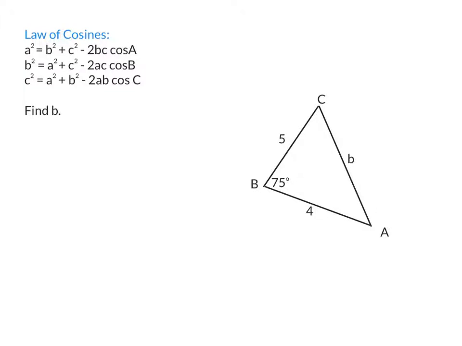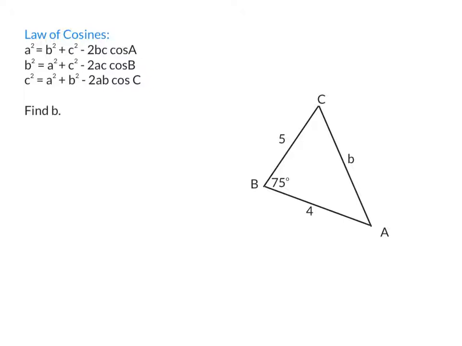Here are the three different versions of the law of cosines based on whether or not we want to find A, B, or C. In the example below, I want to find B, which allows me to put the law of cosines to use. I cannot use law of sines because I don't know any angle and its opposite side both, so law of cosines is what we have to use.